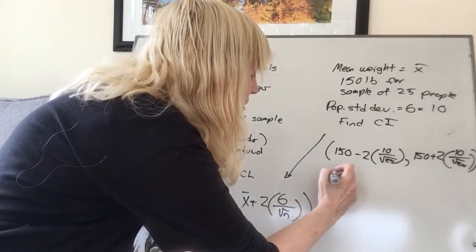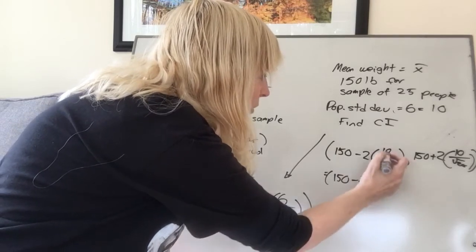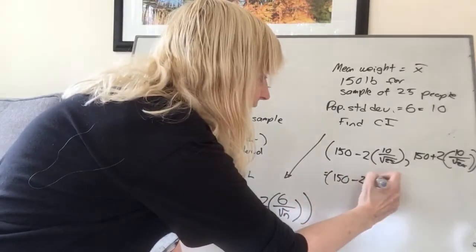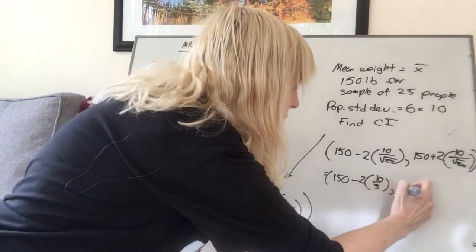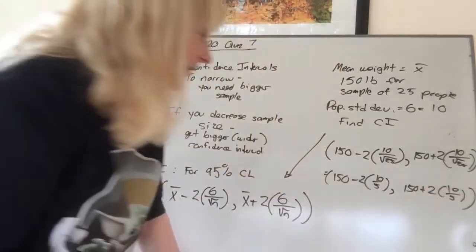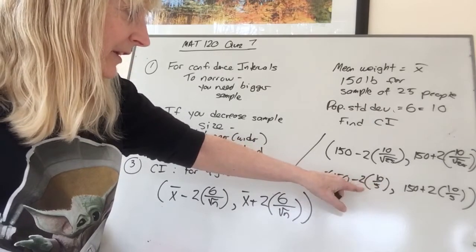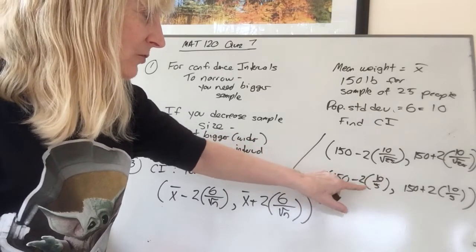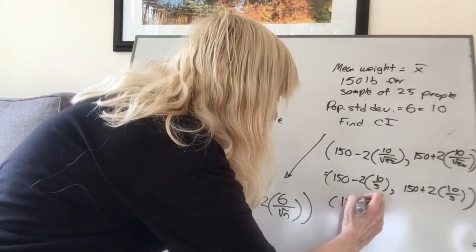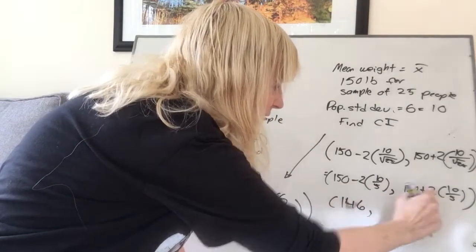The square root of 25 is 5, right? So it's 150 minus 2 times 10 over 5, and 150 plus 2 times 10 over 5. 10 over 5 is 2, so 150 minus 2 times 2, 150 minus 4. That's a 4, and 150 plus 4.